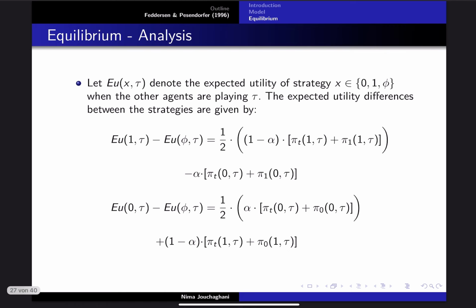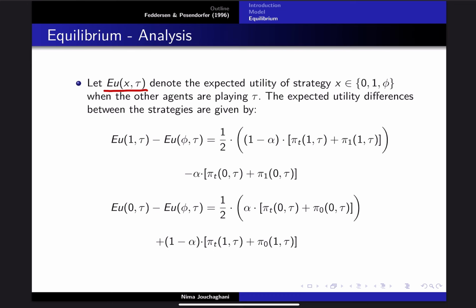So given those probabilities, what we now can write down are the expected utility differences between the strategies that an uninformed independent agent has. We will define it by EU, which stands for expected utility.